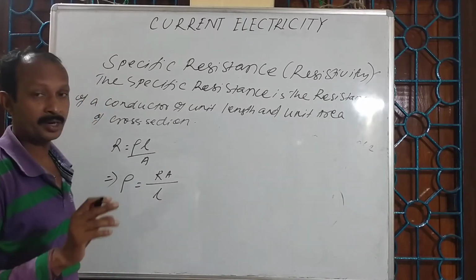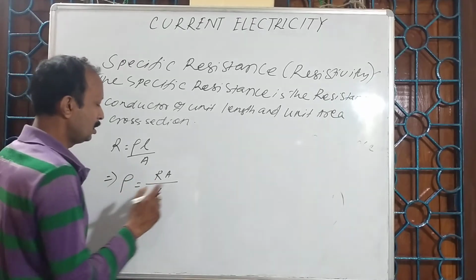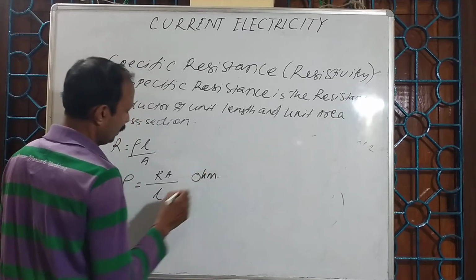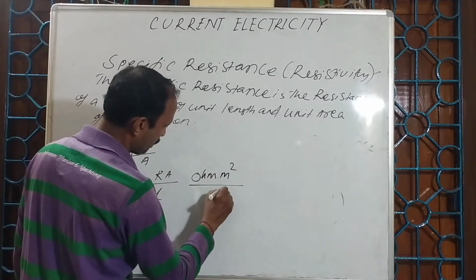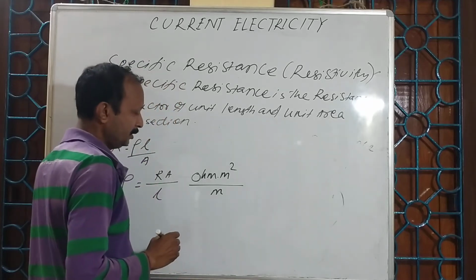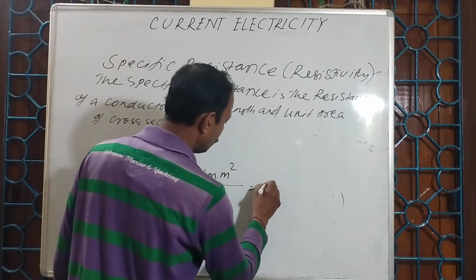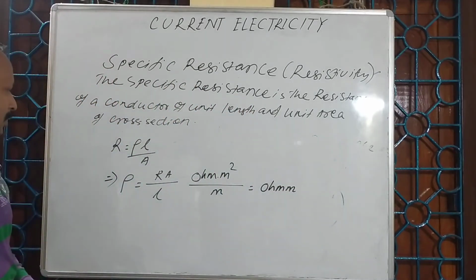Then what is the SI unit of specific resistance? For R I can write ohm, for area of cross section meter square, for length meter. That means it is ohm meter.